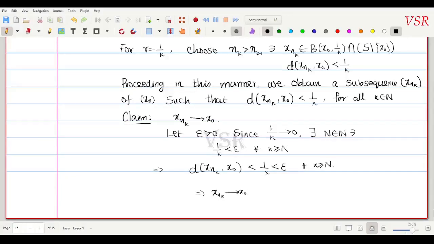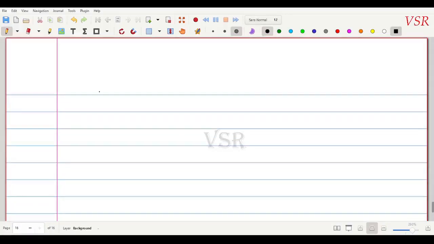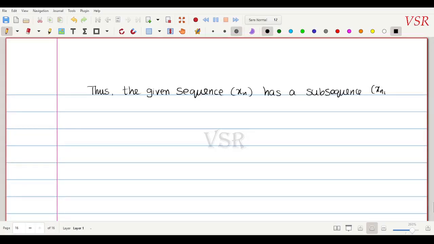That's it, we are done. So we have proved that the given sequence xn has a subsequence xnk such that xnk converges to some x naught.